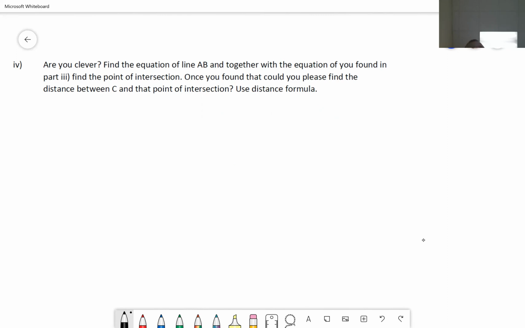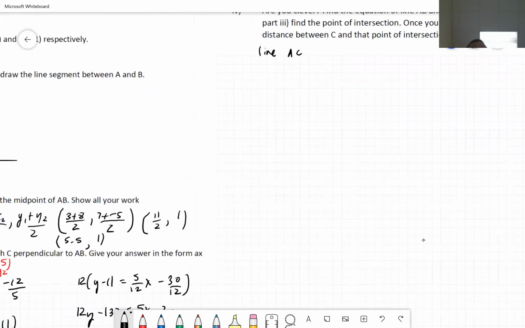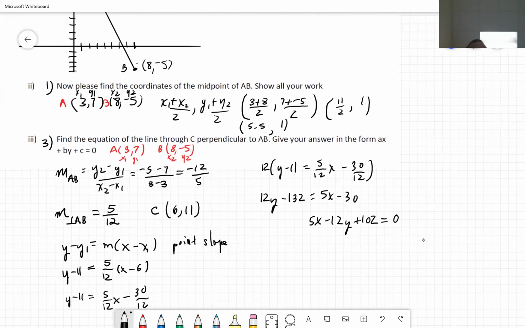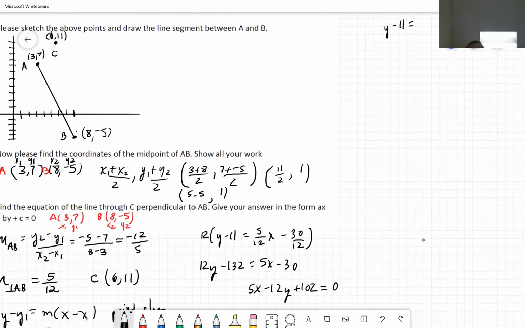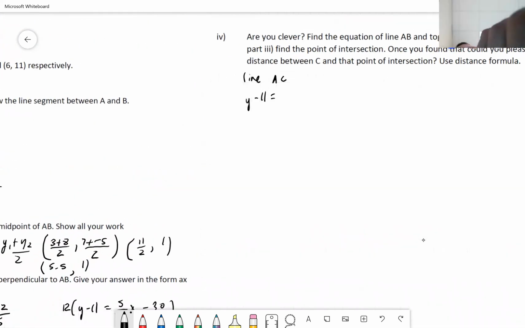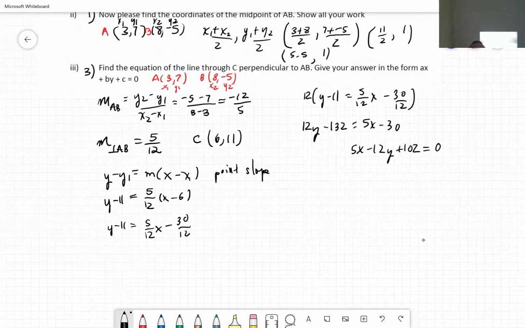So for the line AC, I'm going to write it as y minus 11 equals 5 divided by 12 times x minus 6.